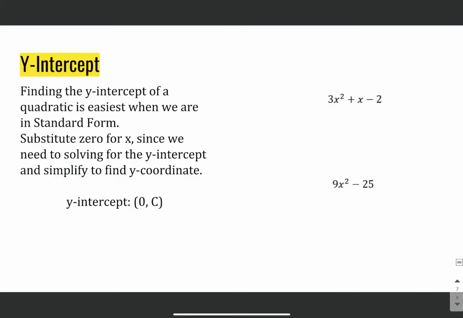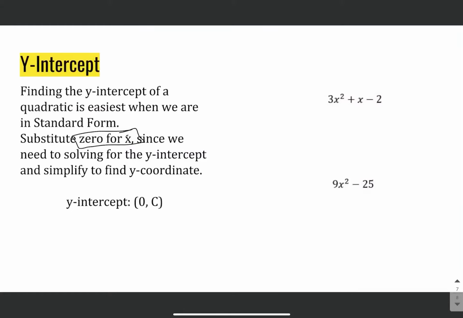All right, and then last thing we need to be able to identify from our standard form is our y-intercept. Now, hopefully you already know your y-intercept is where your graph is touching the y-axis. Hopefully we know that when we're finding our y-intercept, we need to make x equal to 0.